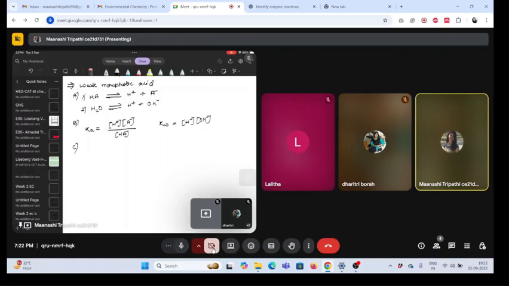Now third step was species. So what will be the species? H plus, OH minus, A negative. Apart from that, we will have HA also, because it won't be completely ionized.